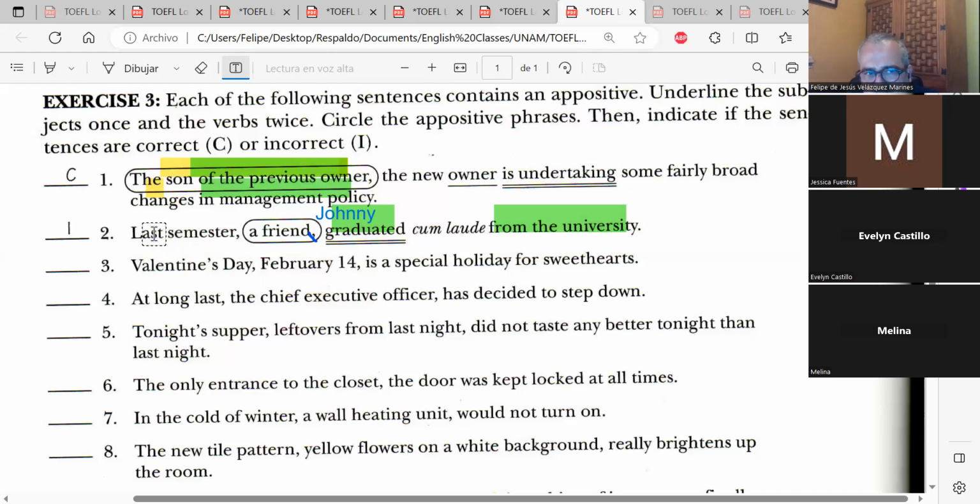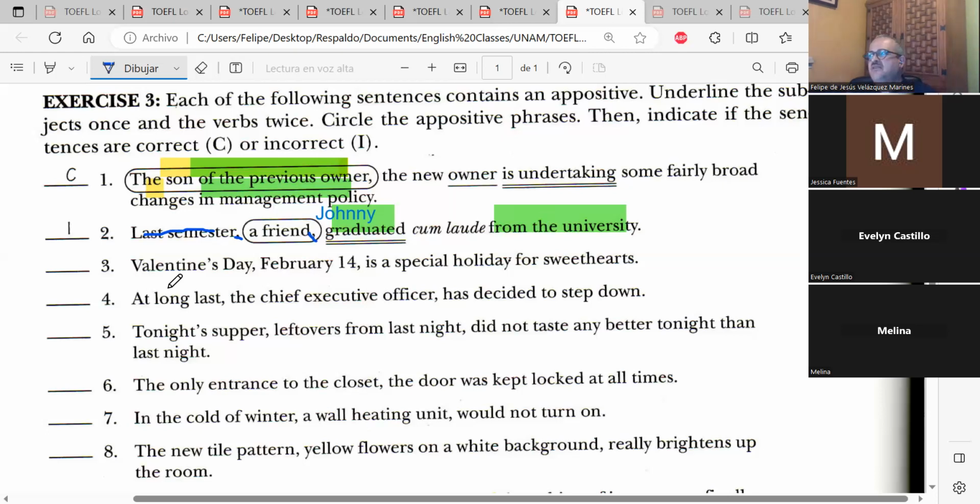Yes, but if we move last semester from here, we will still have this comma, so we have to eliminate it too. So a friend graduated cum laude from the university last semester.